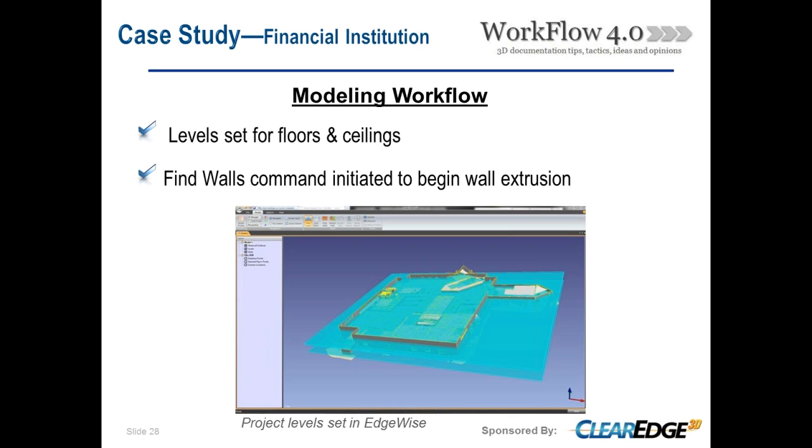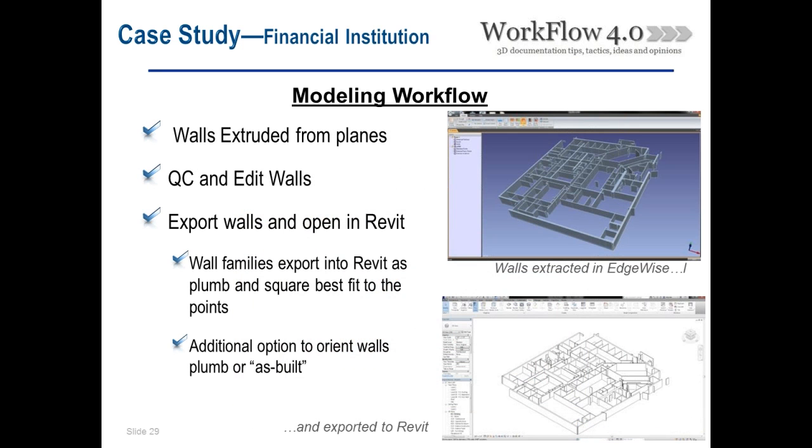Once we're at that stage, we can now initiate the wall extraction command. And this is really where the magic happens, for lack of a better term. Now at this stage, the walls are extracted, as you can see in that upper image.